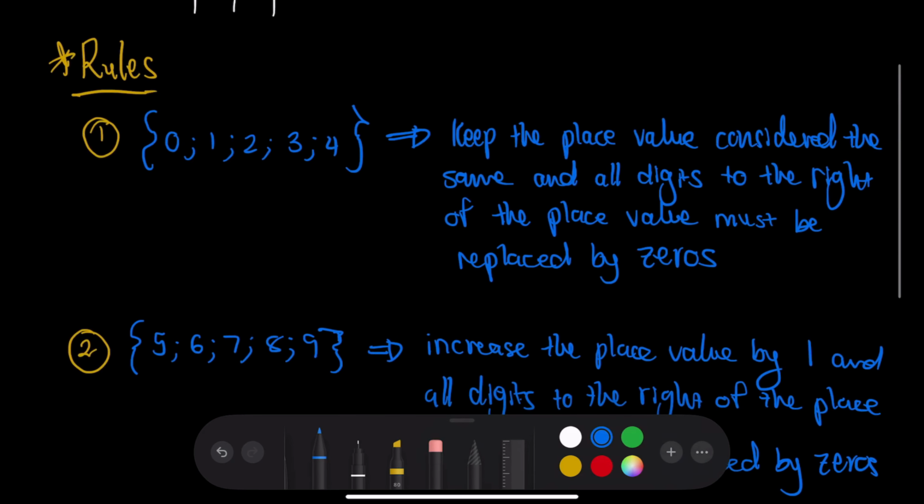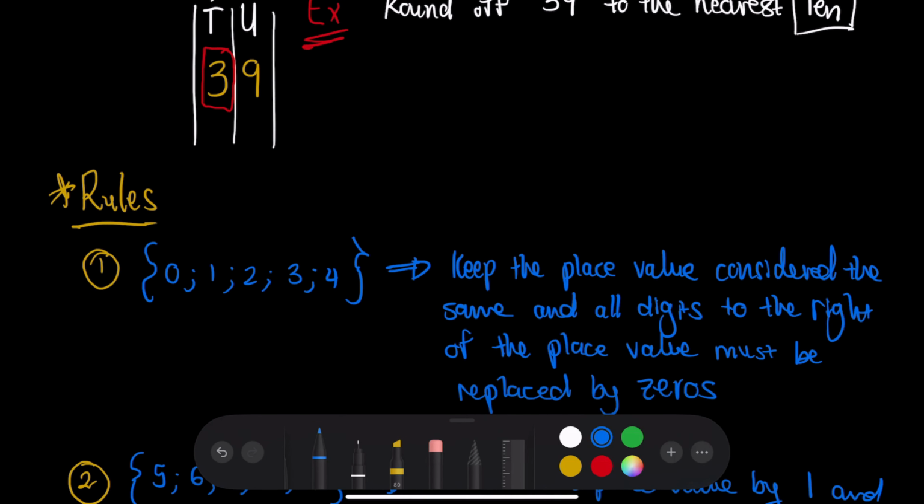Let's look at this example. It said round off the number 39 to the nearest 10. We break up our number into various columns and look for the tens column, which the example is requesting. The number 3 is within this tens column. Whenever I want to round off a particular value, I look to the right of my place value each time.